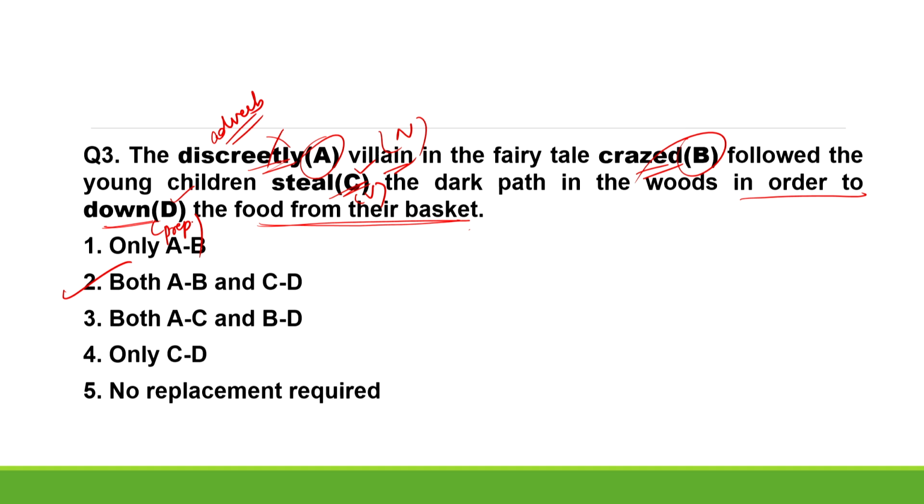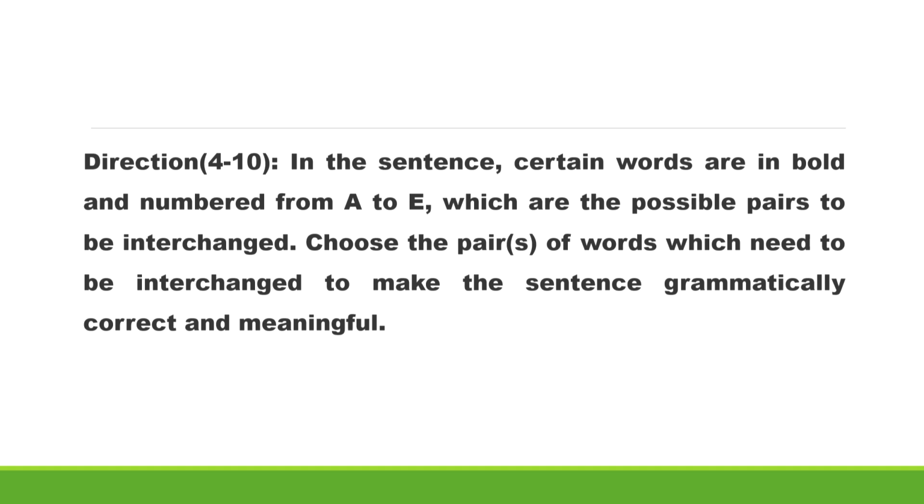So, now the correct sentence after interchanging the words would be, the crazed villain in the fairy tale discreetly followed the young children down the dark path in the woods in order to steal the food from their basket. I hope it is clear. Now, moving on, here is the instruction given from question 4 onwards till question 10.